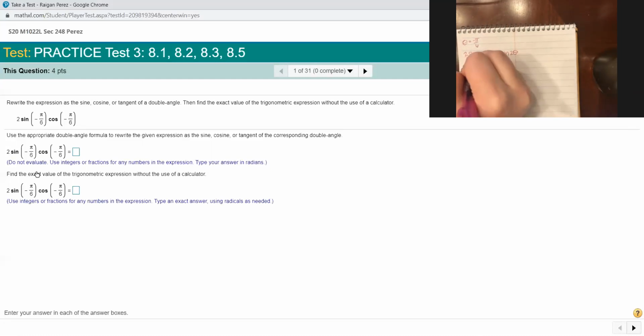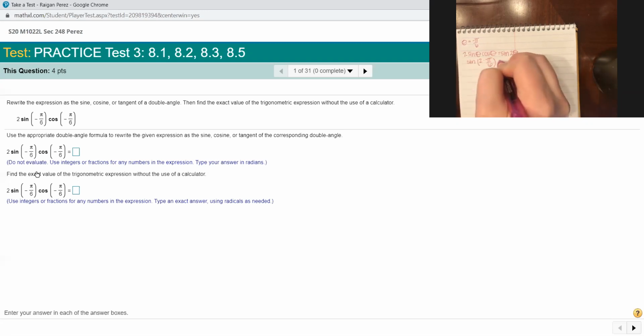So I have sine of 2 times negative pi over 6, which is negative 2 pi over 6, the same thing as negative pi over 3. So I'm looking for sine of negative pi over 3. That's in the 4th quadrant, which means sine is going to be negative.